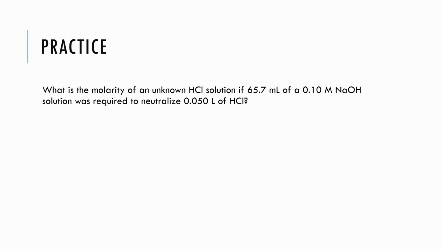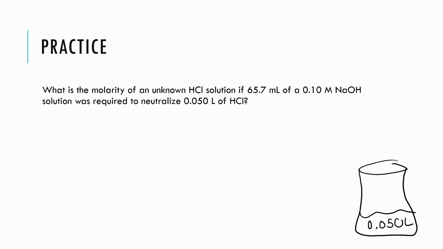So just as a little bit of a setup, you don't need to draw this when you do these, but I am going to draw it just so we can see what we're dealing with here. We have our flask. This is telling us that we have 0.050 liters HCl in here. Then what we had is that burette that had sodium hydroxide in there, and whatever we started with and whatever we ended with, that was 65.7 milliliters that we used.